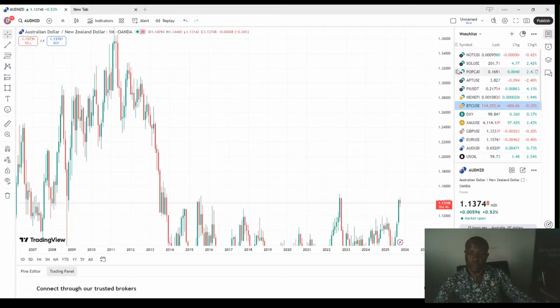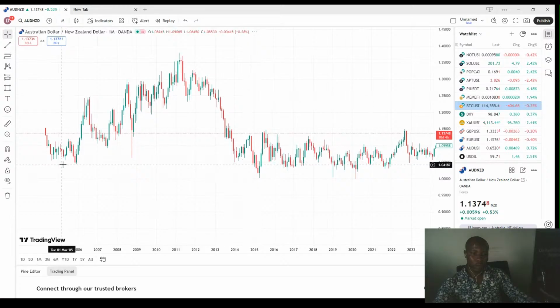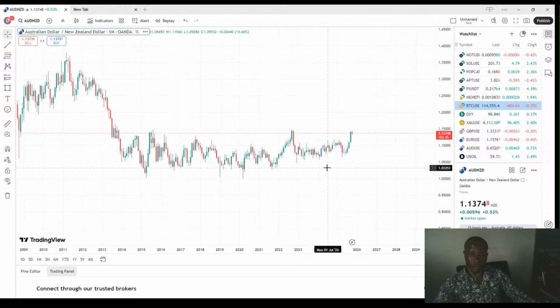Over the years, what has been happening on this pair? He moved up, came down, and he's in consolidation. So what he's doing is he will come here, drop, come here, drop. So he's back to this area again.